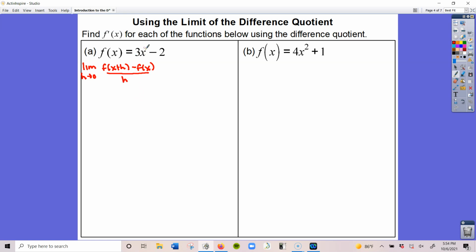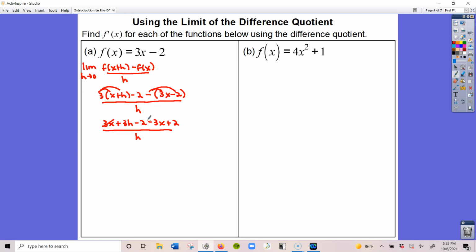So f of x plus h, that means I'm plugging in x plus h into every x. So 3 times x plus h minus 2 minus f of x, which is 3x minus 2, all over h. We're going to distribute the 3, so 3x plus 3h minus 2, distribute the negative, minus 3x plus 2, all over h.